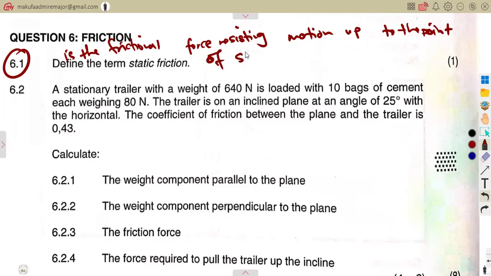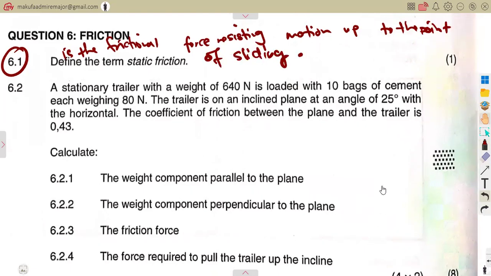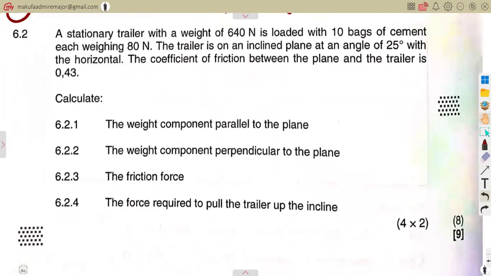Let me know, guys, any other way that you can define this. There are many ways or simpler terms that you can actually use.